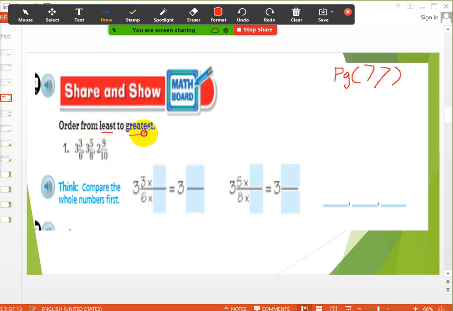So first thing, I have to compare between the wholes, okay? So I have 3 numbers. This is a 3, this is a 3, this is 2. Which one is the least number? I think 2 and 9 over 10.